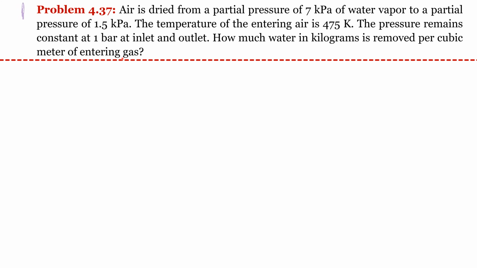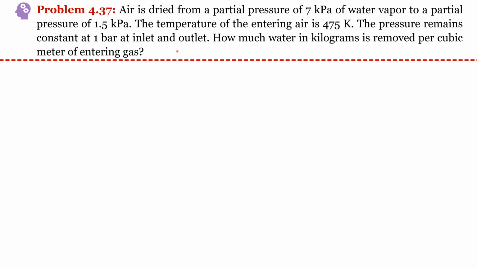Then partial pressure of water vapor is also given before drying, so using Dalton's law, we can estimate the moles of water vapor. Once we have estimated the moles of water vapor, we can also estimate the moles of dry air. During the operation, only water is removed, so moles of dry air will not change before drying and after drying.